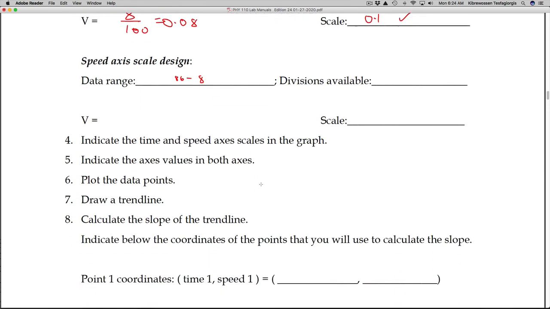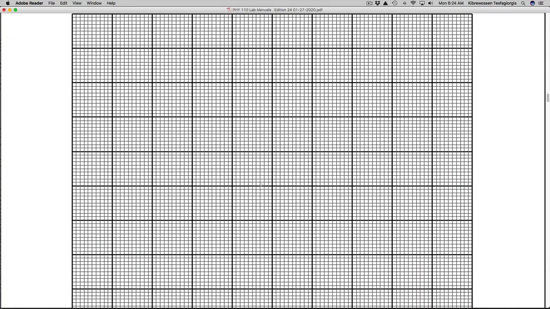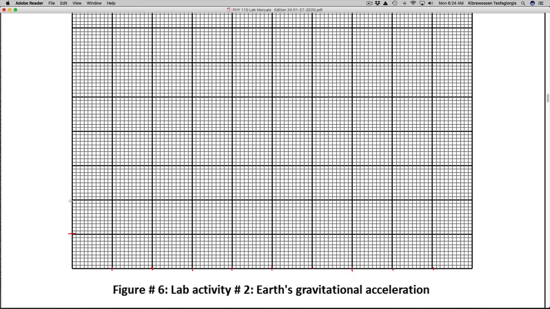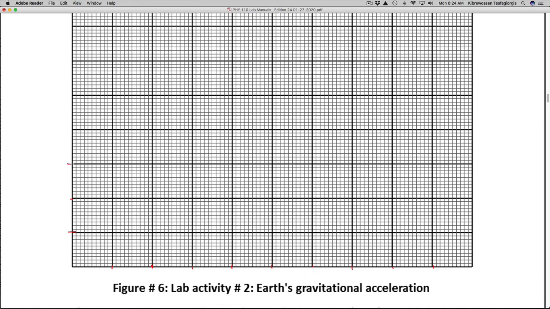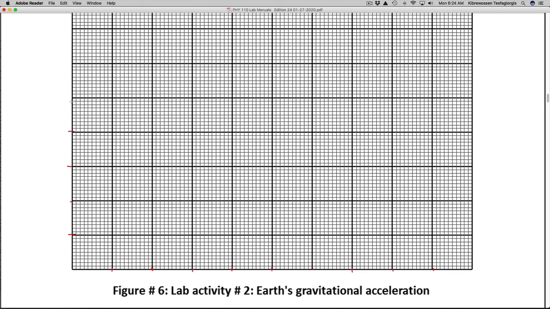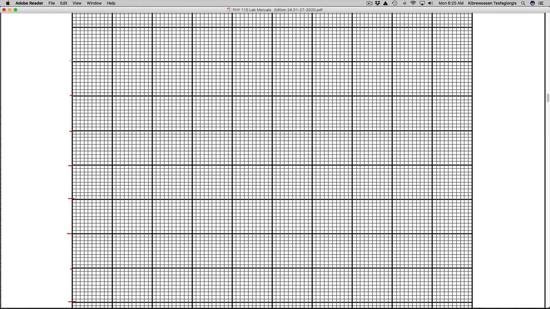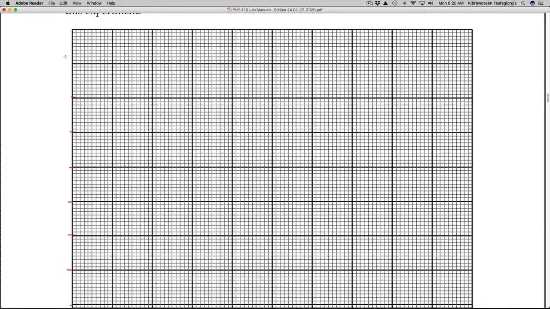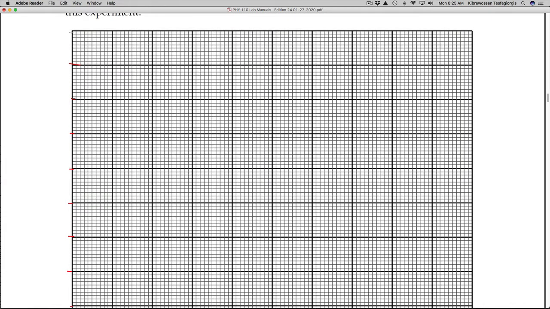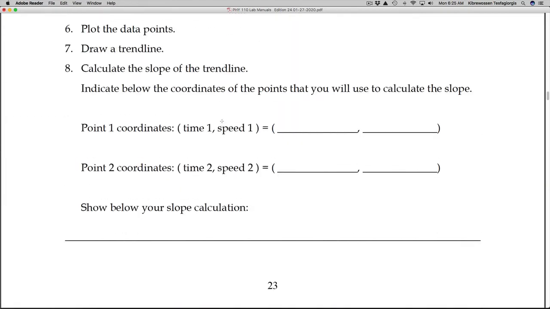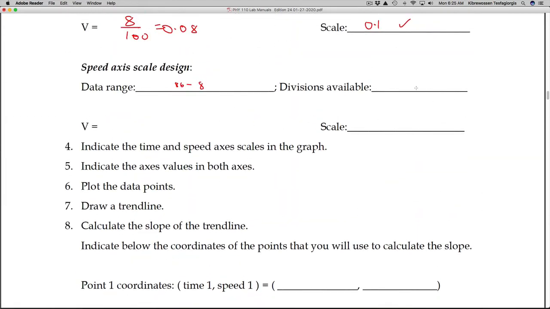And then the number of divisions, you count it on the graph again, in the y direction. 1, 2, 3, 4, 5, 6, 70, 80, 90, and then 100. So you have 100 divisions in the y-axis. So therefore the number of divisions will be that.